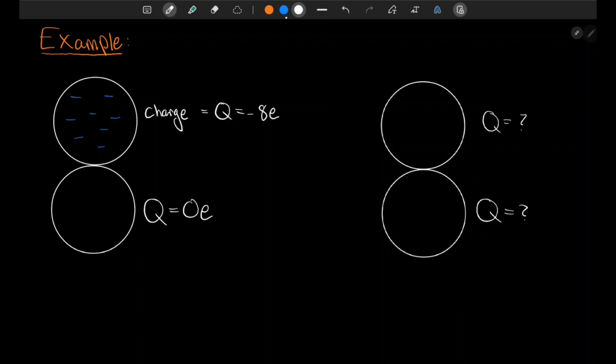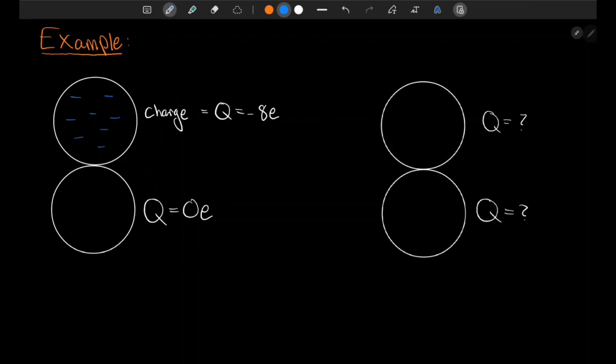For us, we have excess charge on the top sphere, and it wants to equalize between the two spheres. There's initially 8 here, and more on the top sphere than on the bottom sphere.